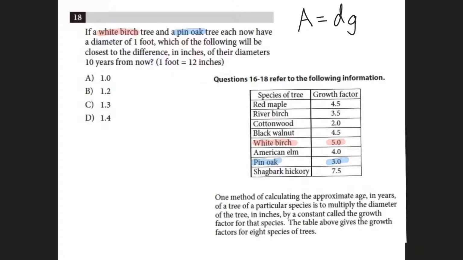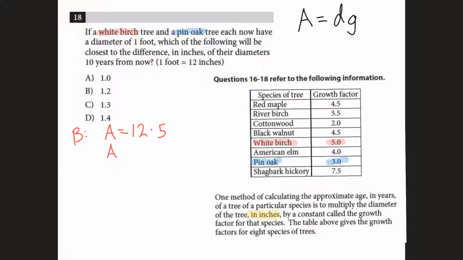So if they're both 1 foot in diameter, or 12 inches in diameter, remember that our equation here is in inches. If they're both 12 inches in diameter, then we can calculate their current age. So the age of the birch equals the diameter, which is 12 currently, times its growth factor, which is 5.